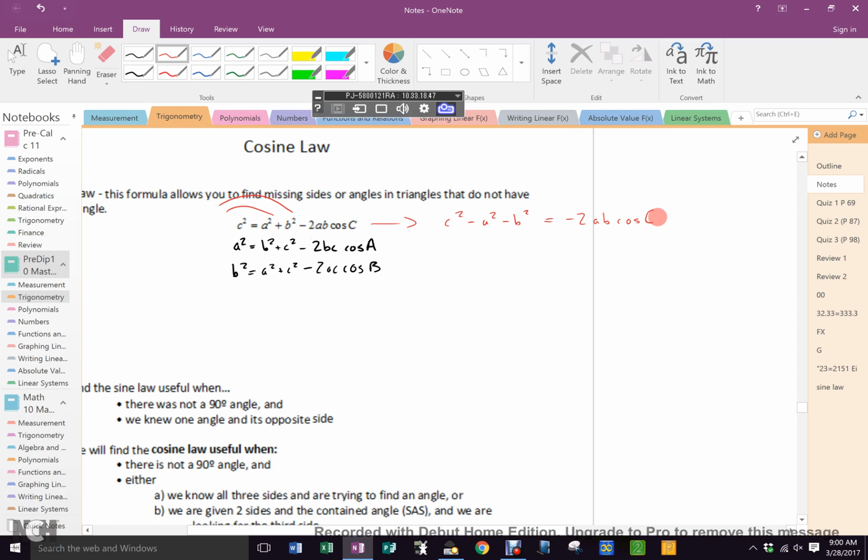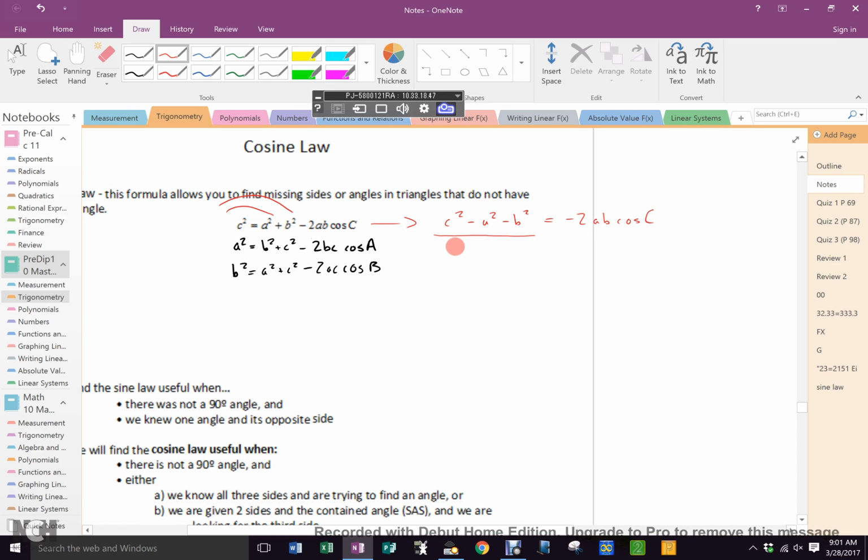Now what? Here's the mistake. You would divide what? You would divide by negative 2ab. You need to get rid of the negative 2ab, and that's all times cos c, yes?